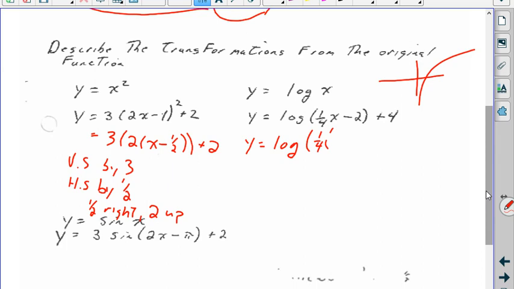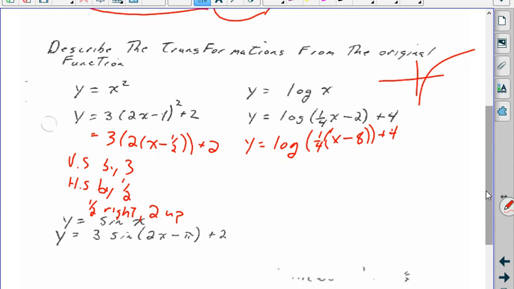Take out the 1/4 as a common factor. So that's going to leave you with x. Now, when you divide 2 by 1/4, what do you get? You get 8. 2 divided by 1/4 is 8.